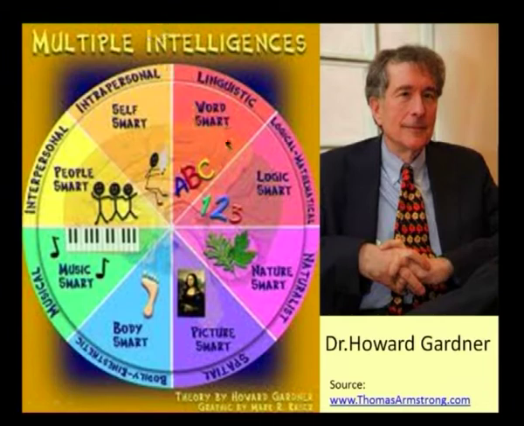So, if a person is logic smart, that learner will be preferring to learn the topic by solving puzzles, solving problems, by having logical thinking, different perspectives to analyze the topic.